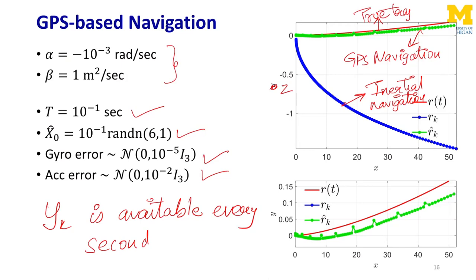So this is the GPS measurement. So the top figure shows all 3 trajectories, and this one shows the zoomed in case. And we don't see the inertial navigation now. We see the GPS navigation, and we see the true. So you can see that the GPS based navigation actually reduces the error a lot. We are very close to our true trajectory.